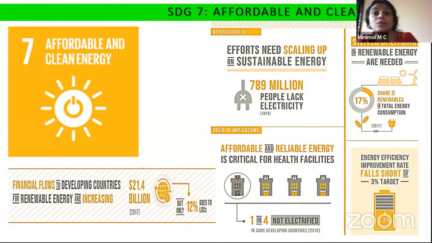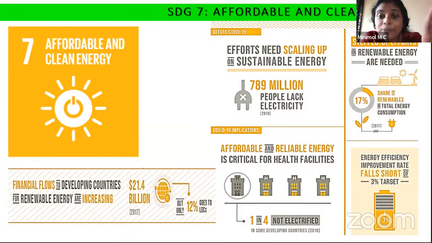SDG 7 talks about affordable and clean energy. Financial flows to developing countries for renewable energy are increasing, no doubt. But efforts need to scale up sustainable energy. 789 million people lack electricity in the world.